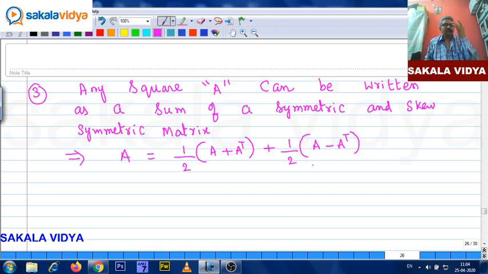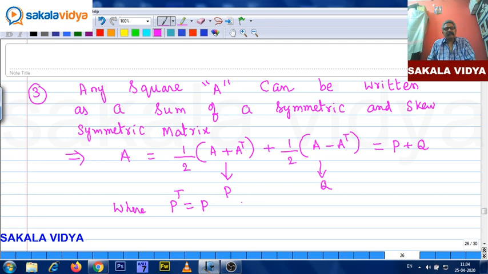See, say this is P matrix, this is Q matrix. It appears to be P plus Q, where P transpose is equal to P and Q transpose is equal to minus Q.